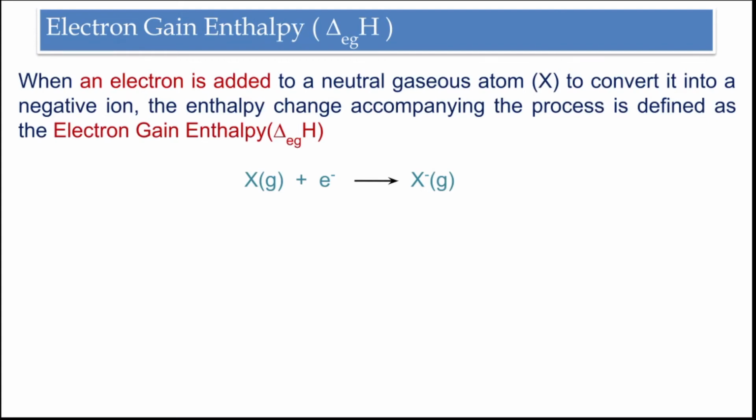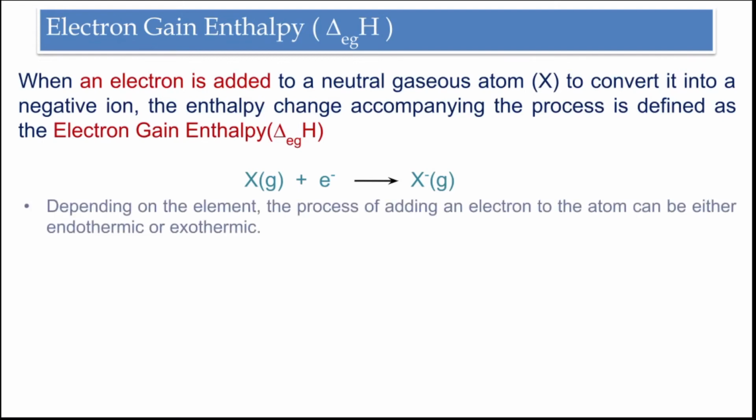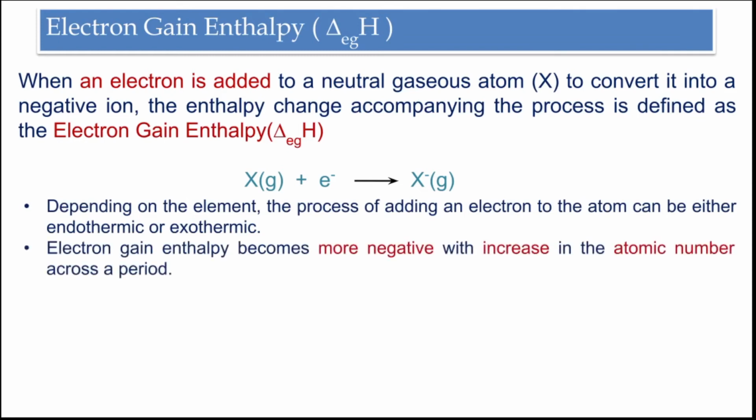Here, X is an isolated gaseous atom that receives an electron and becomes an X minus ion. Depending on the element, the process of adding an electron to the atom can be either endothermic or exothermic. The electron gain enthalpy becomes more negative with increase in the atomic number across a period.